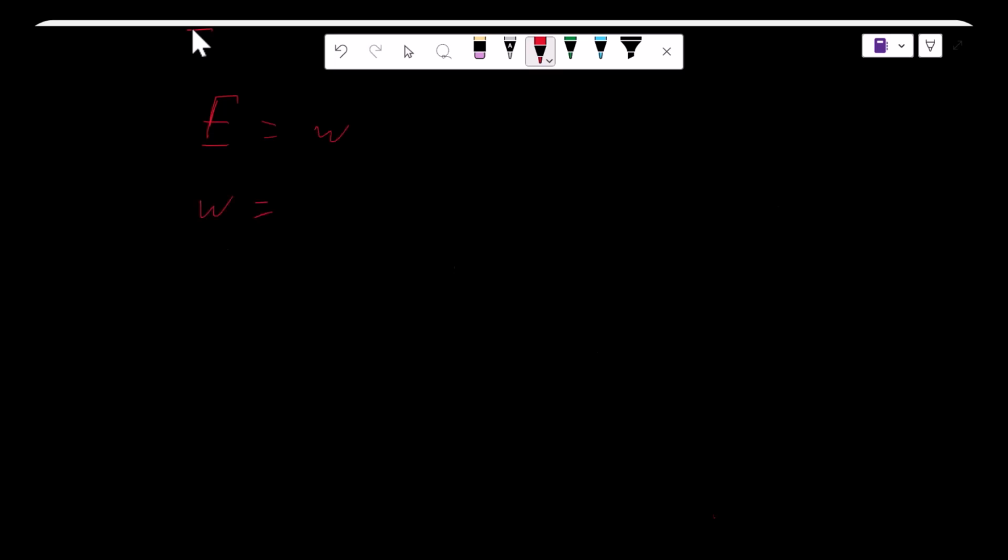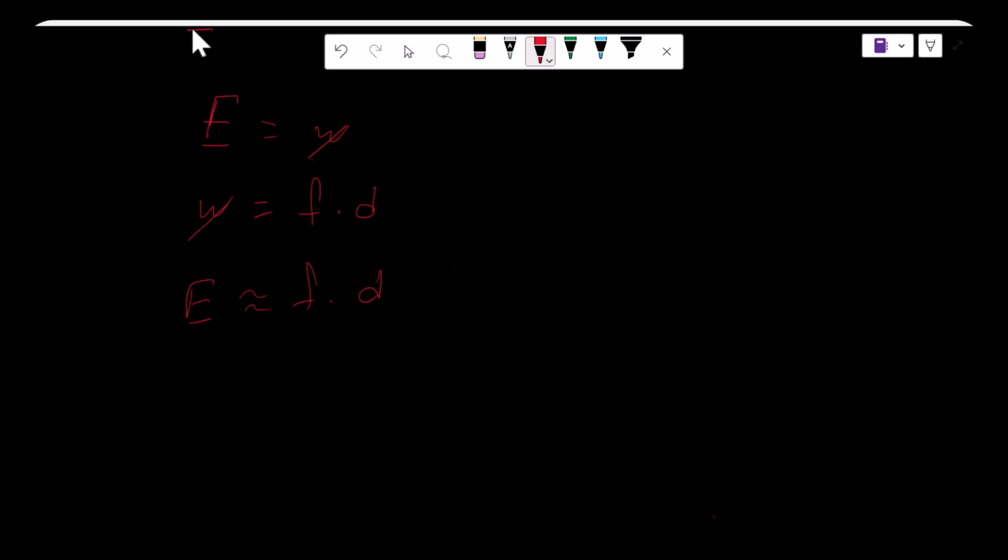So a brief summary: we said that energy was the ability to do work. We described work as a force that pushes an object over a distance, or force times distance. So we could rewrite this as energy is force times distance.